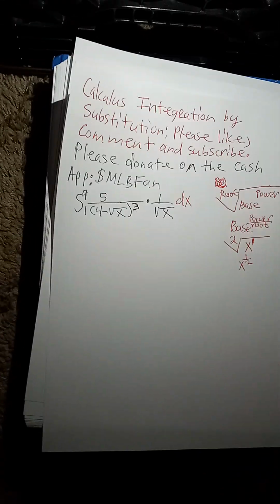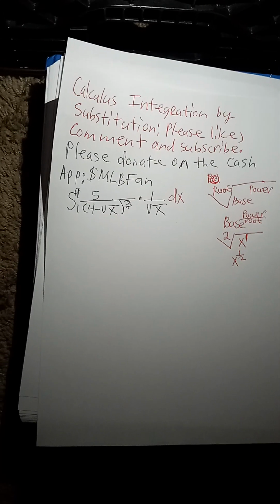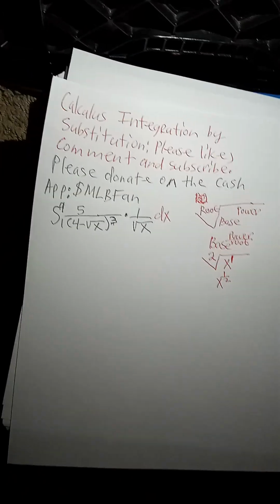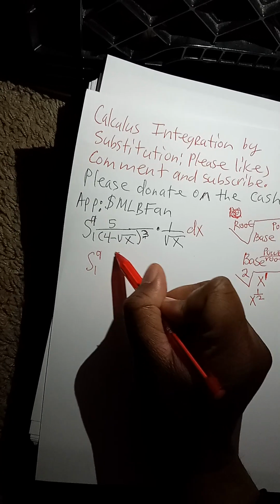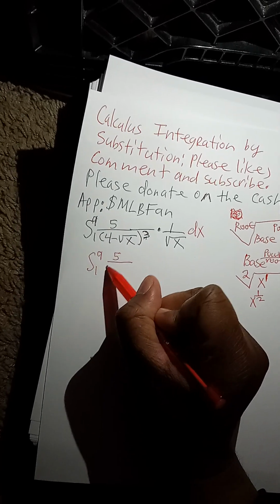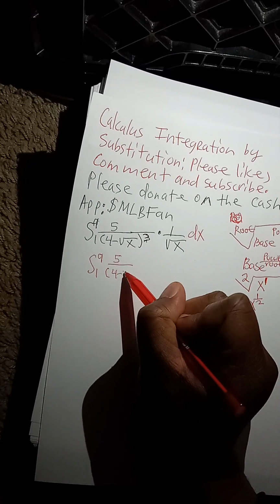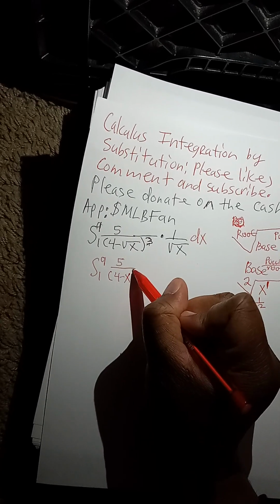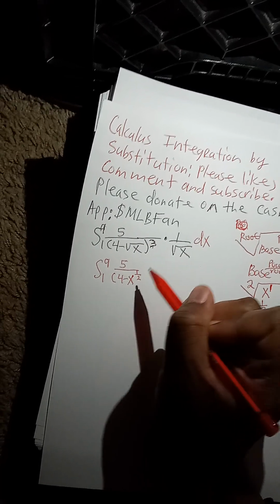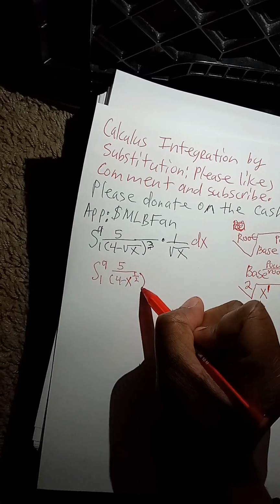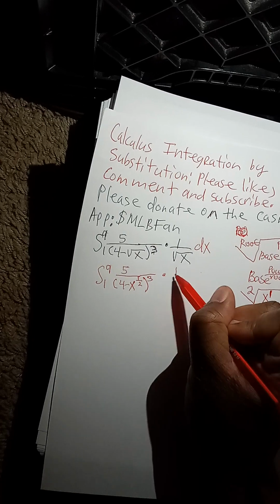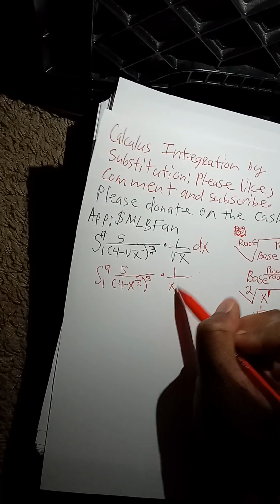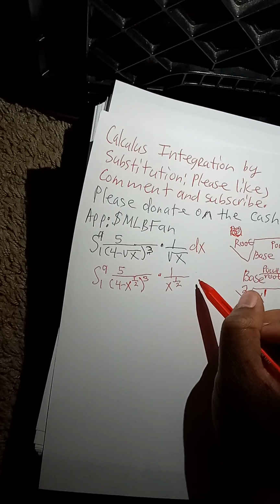So we can rewrite this integral as from 1 to 9 of 5 divided by 4 minus x to the 1/2 power, all raised to the third power, times 1 divided by x to the 1/2, dx.